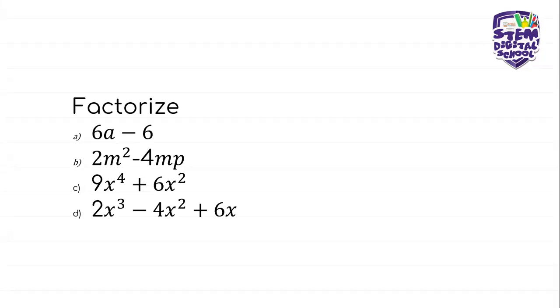We have 6a minus 6, 2m squared minus 4mp, 9x to the power 4, and 2x cubed minus 4x squared plus 6. So those are the only four expressions which you can factorize as homework.